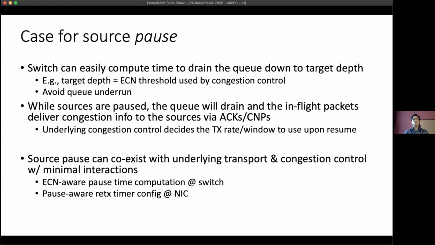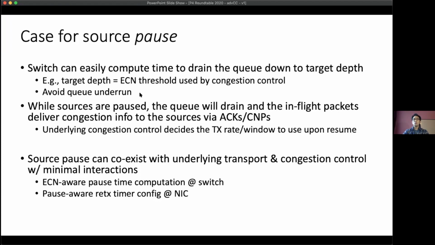Then once that draining time is computed, it can be easily handed into the source quench packet, and the source, upon the reception of the quench packet, can just pause its transmission for the specified draining time.